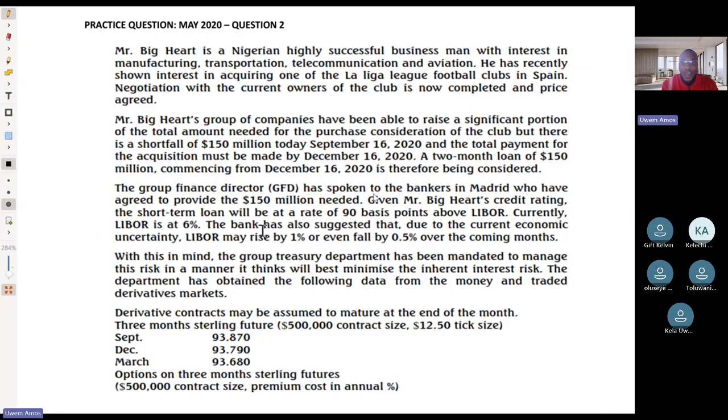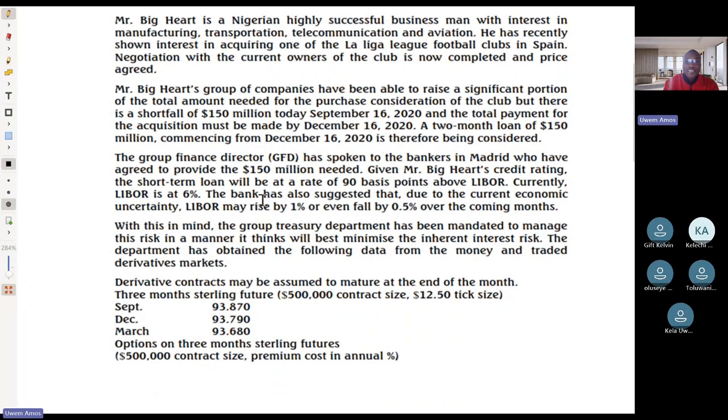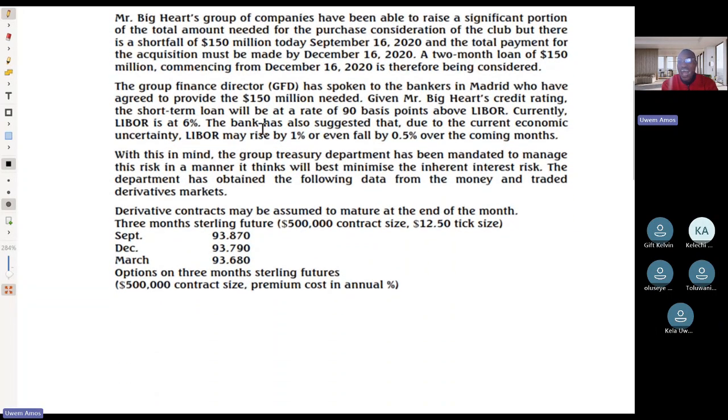With this in mind, the Group Treasury Department has been mandated to manage this risk in a manner it thinks will best minimize the inherent interest risk. The department has obtained the following data from the money and traded derivatives market. Derivatives may be assumed to mature at the end of the month.